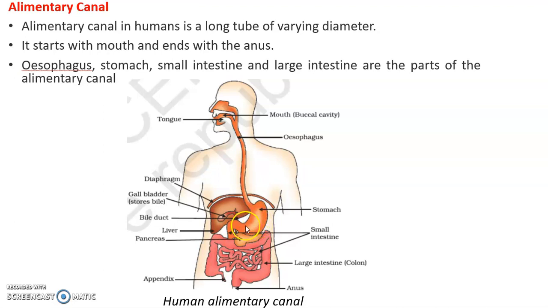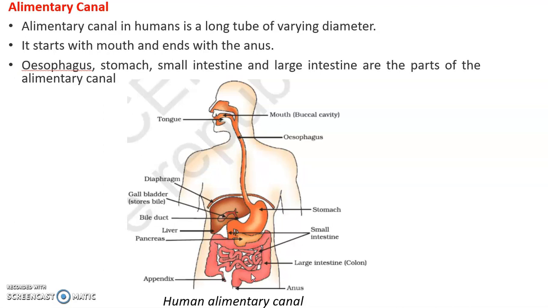After the stomach, food gets into the small intestine. The small intestine is the longest part of the alimentary canal. It is about 20 feet long in humans. It has three regions: duodenum, jejunum, and ileum. The duodenum is the region which follows the stomach, the jejunum is the middle part, and the ileum is the later region which continues further into the large intestine.